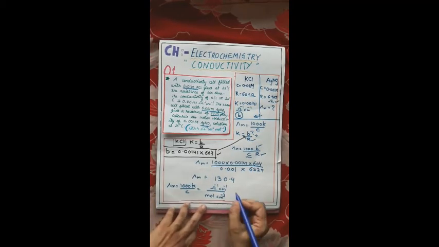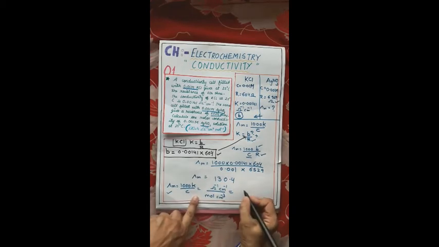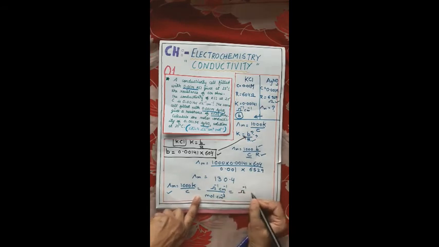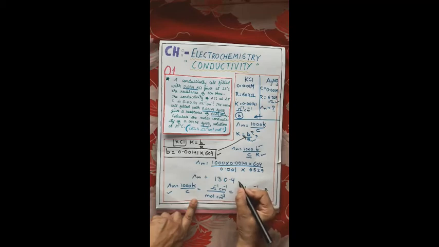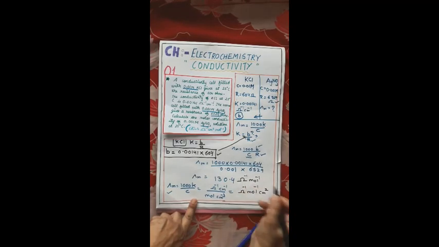So what will be the unit of lambda m? The unit of lambda m would be ohm inverse, mole will come up, it will be mole inverse, and when centimeter raised to minus 3 will move into the numerator, we will get centimeter square. So the unit would be ohm inverse per mole centimeter square.